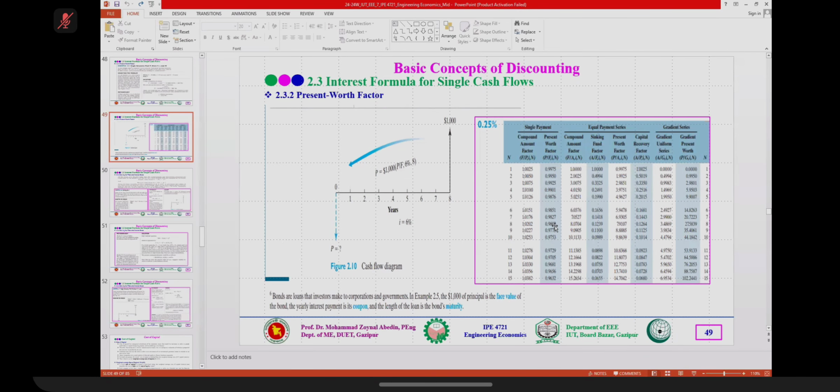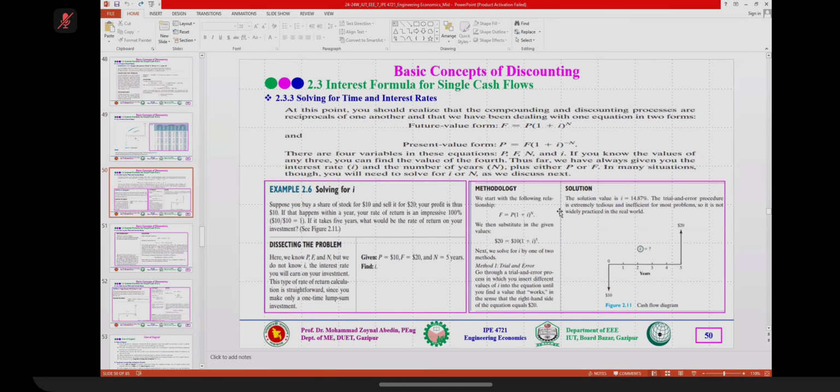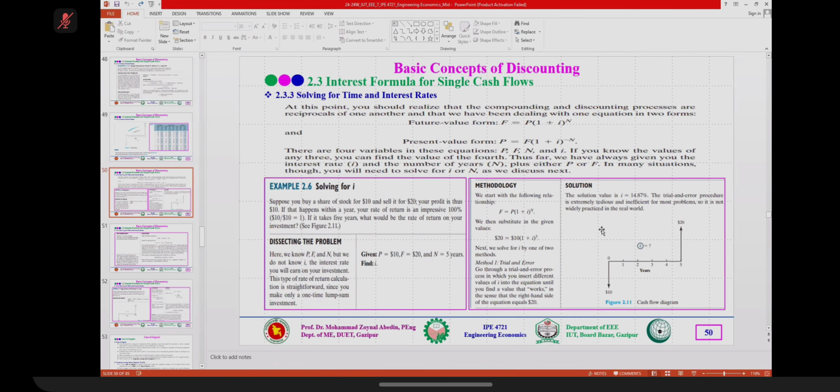This is the F value, this is the P value. These two values you know, and for this interest rate, you can easily get the N value. Or if N, P and F values are given, then you have to go to another table to match with the interest rate. So for an unknown value, each and every time, you have to use the table, or you can use the calculator.